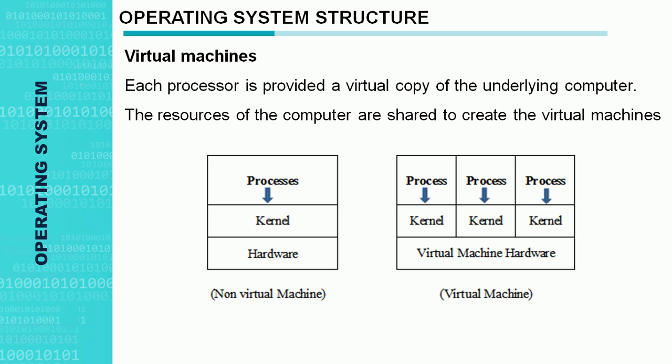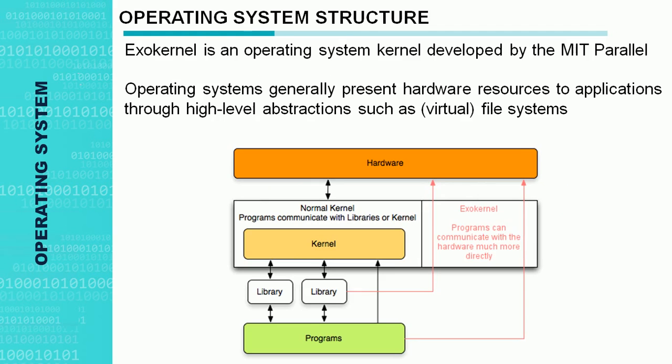So the resources of the computer are shared to create the virtual machine. The first diagram represents a non-virtual machine, and the second diagram represents a virtual machine. So for each process, an individual kernel can be represented and executed. This is the main advantage of the virtual machine.